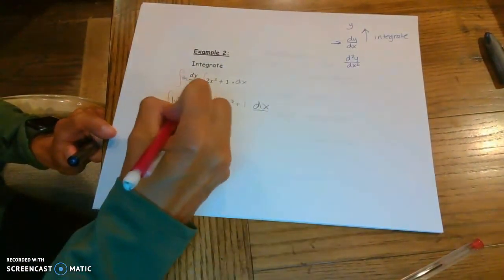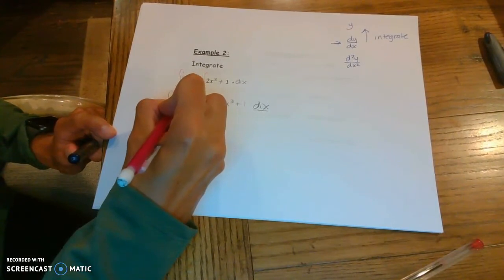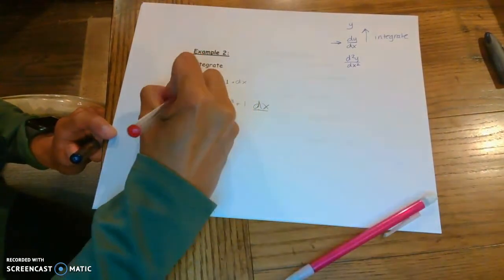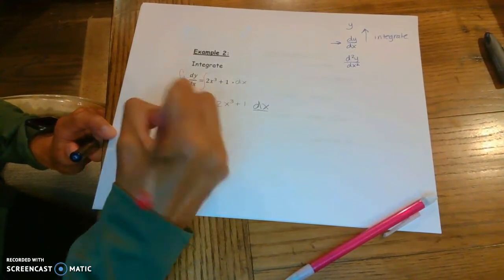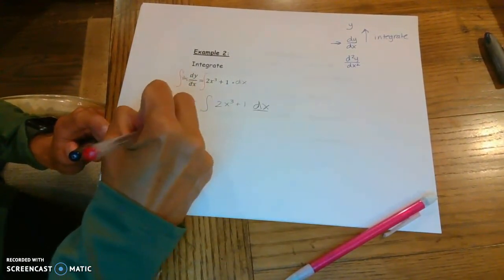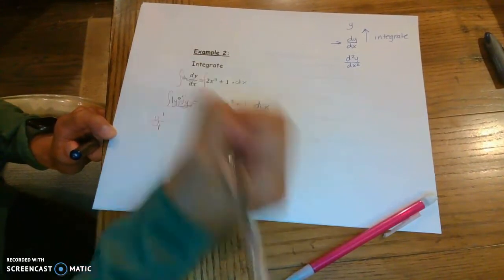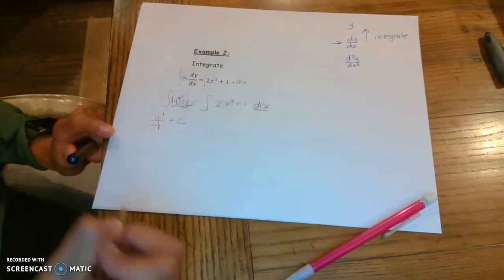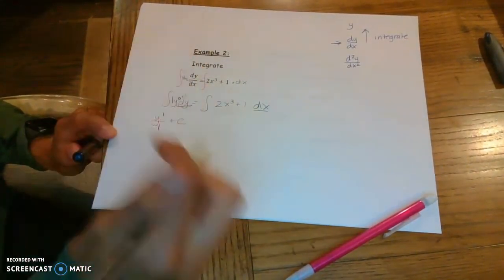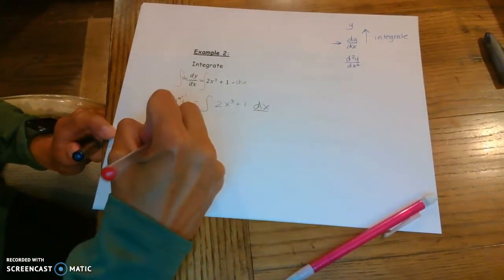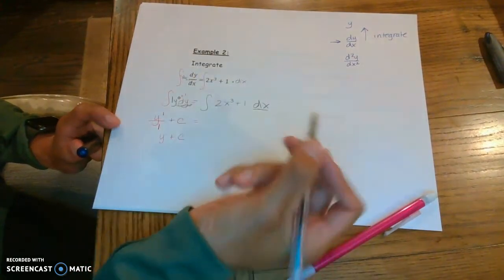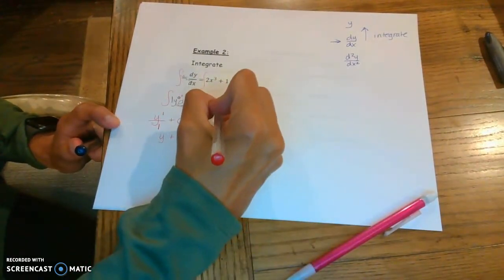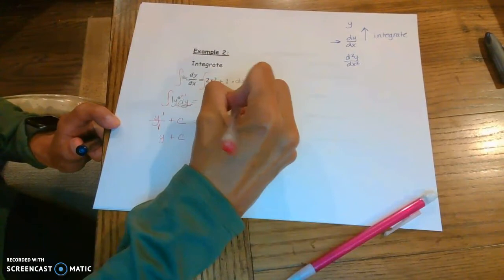And if I want to integrate on this side, I'm going to add 1 to the exponent. When I add 1 to the exponent, that becomes y to the first power and I divide by that new exponent. That dy turns into plus c, and I'm done integrating this side. So I just clean it up. It's y plus c equals, when I integrate here, this is many terms, so I'm going to do it term by term.